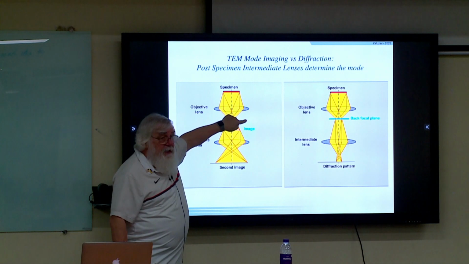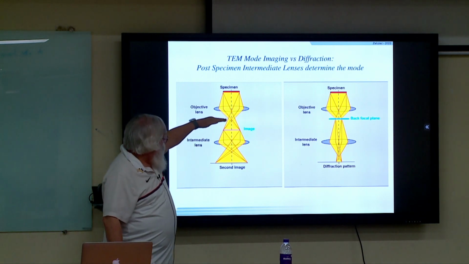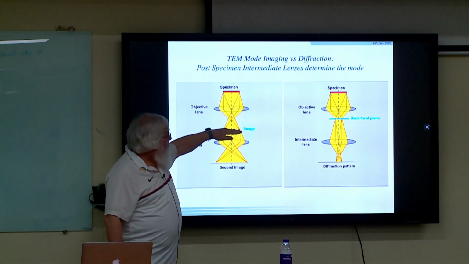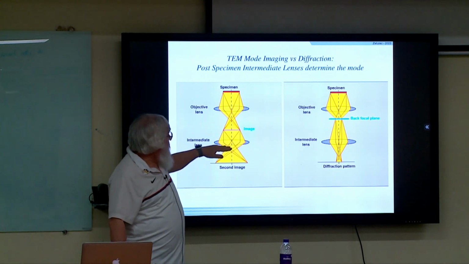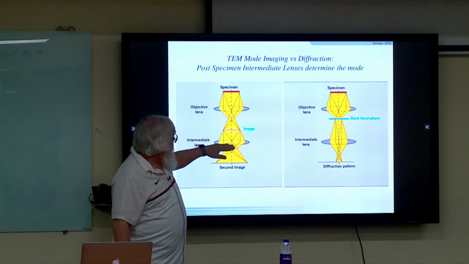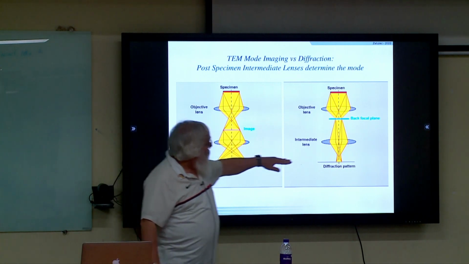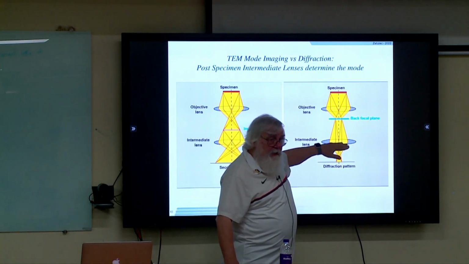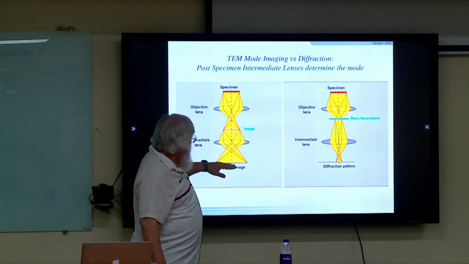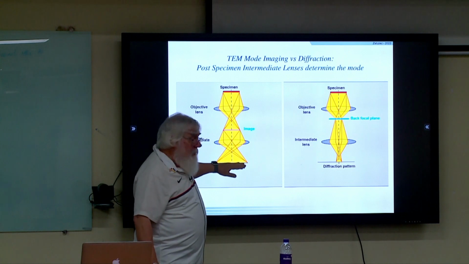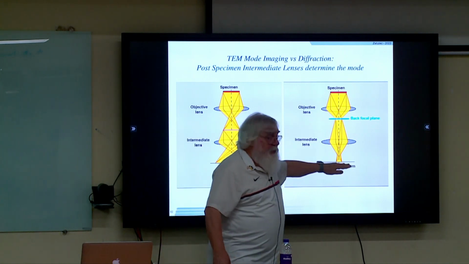And this plane is the diffraction pattern. The way we get either an image or a diffraction pattern is using the lenses after the sample, and we adjust the lenses to either look at the image plane, or we change the strength of the lens to look at the back focal plane, this plane. In one case we get an image, in another case we get a diffraction pattern.